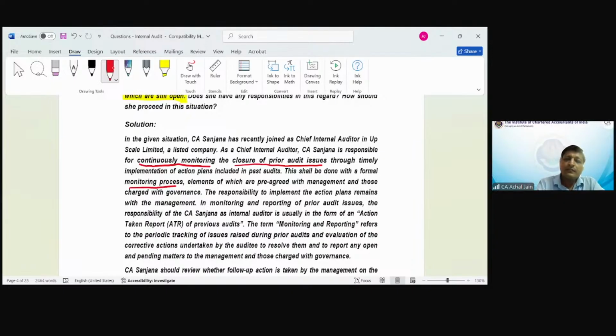So the responsibility to implement the action plans remains with the management. Monitoring and reporting will be the role of Sanjana as the Chief Internal Auditor, usually in the form of an action taken report of previous audits.